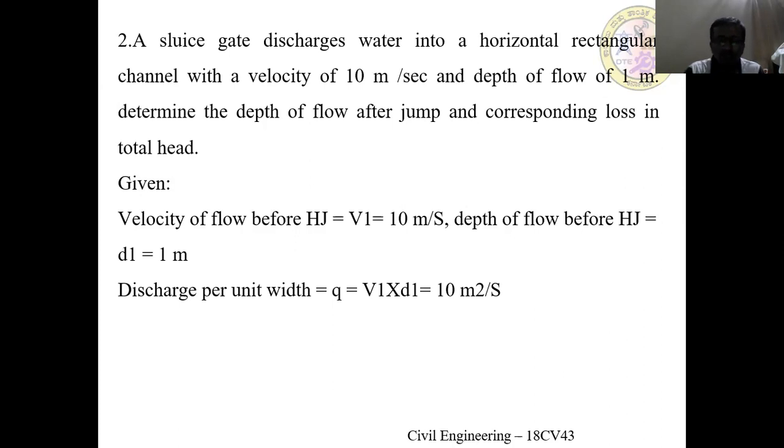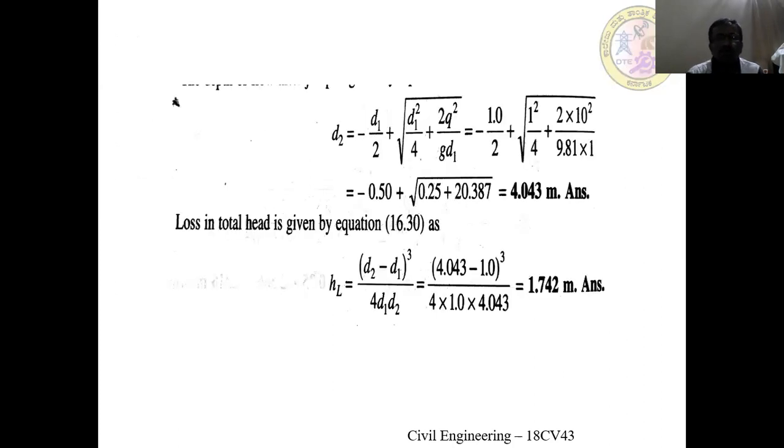Once you know small q, we use the same formula as in the last problem: D2 equals minus D1 by 2 plus square root of D1 square by 4 plus 2q square by g D1. You substitute, you know the value of D1, you know the value of g and also the value of q.